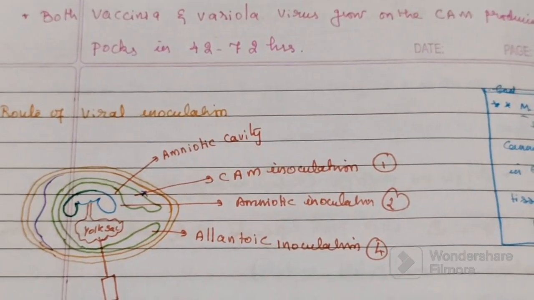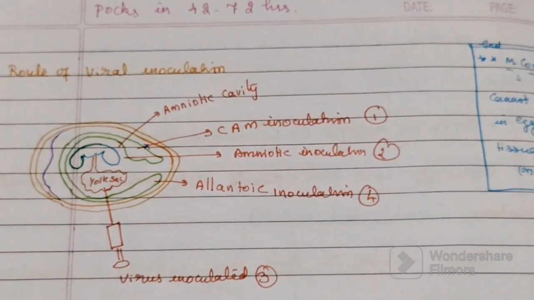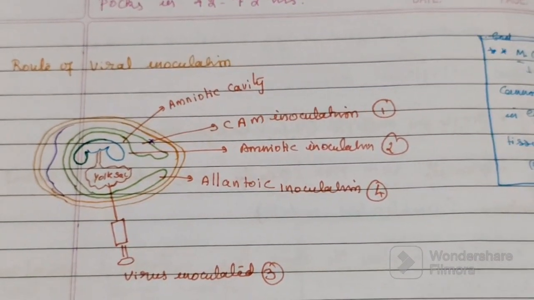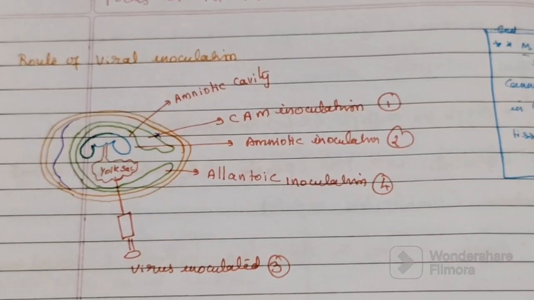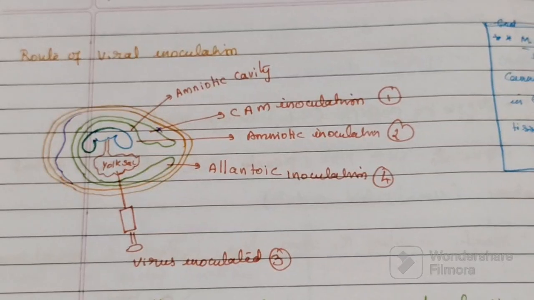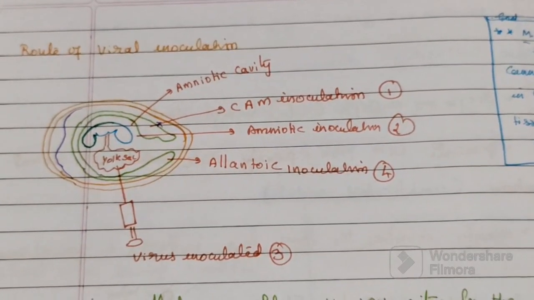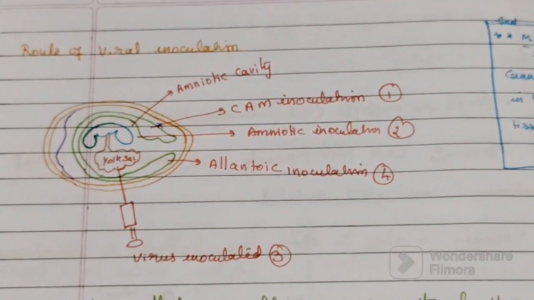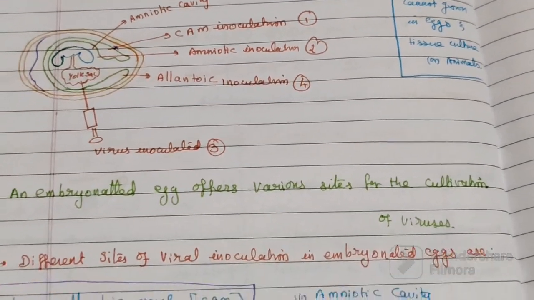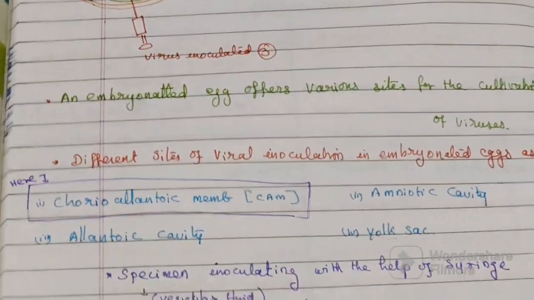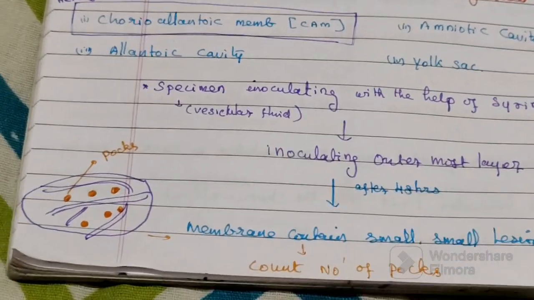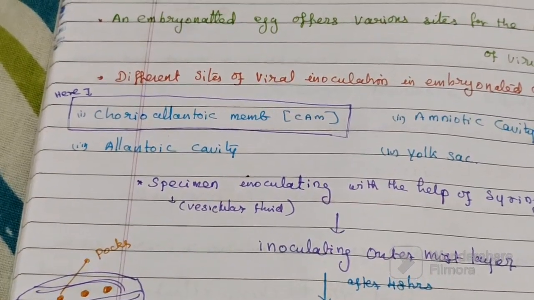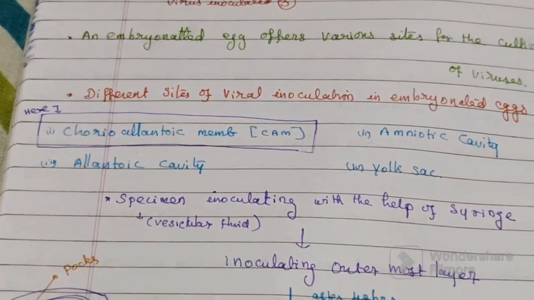If the virus is present in the fluid, it will replicate in the chorioallantoic membrane. After 48 hours, open the egg and take the membrane out. If the fluid contained virus, it will form small lesions on the membrane. These lesions are known as pocks. Only Molluscum contagiosum cannot be grown in egg.